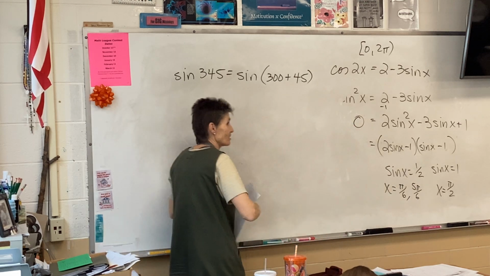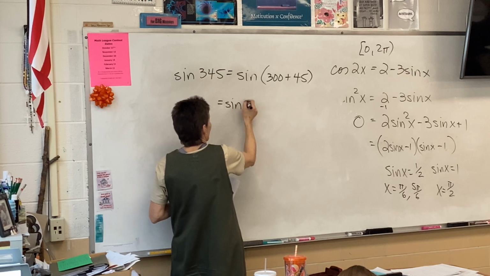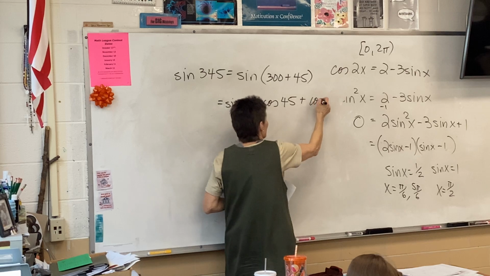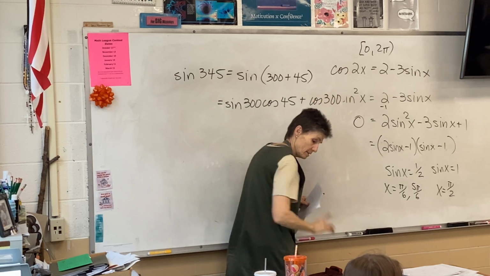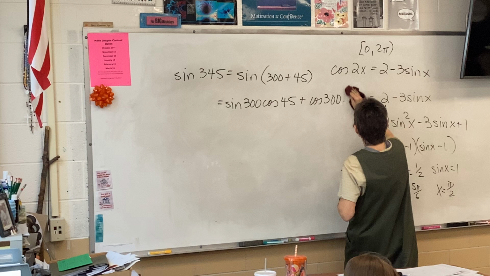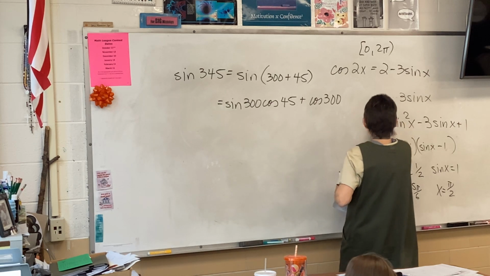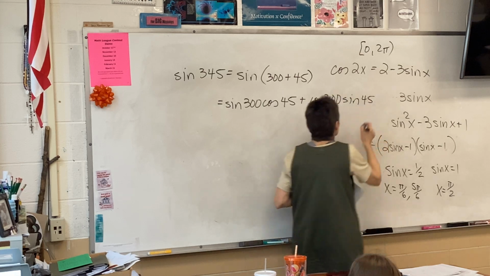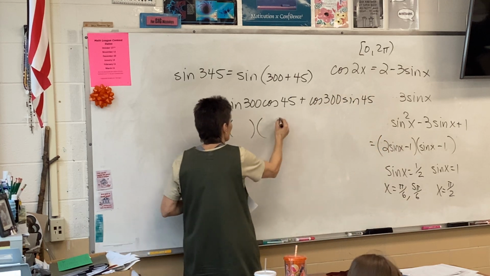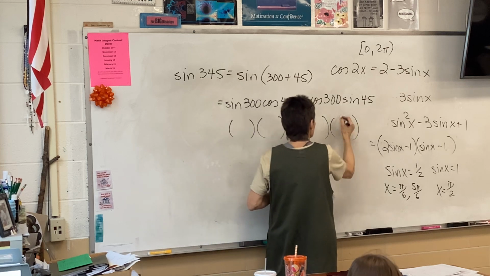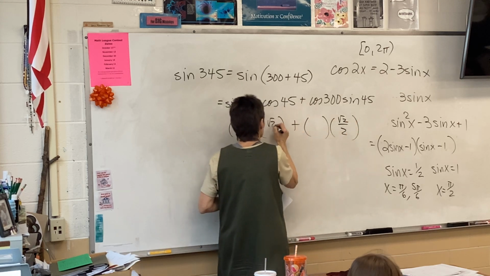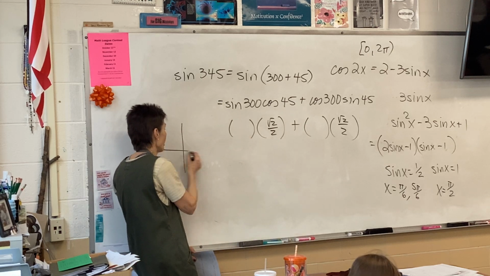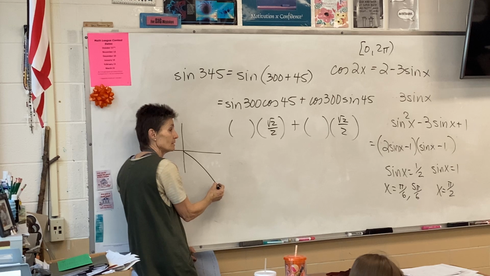Alright, what does our formula say? Sine 300 cosine 45 plus cosine 300 sine 45. Root 2 over 2. Yep, and now we're gonna plug in our numbers, but we already know the 45s are root 2 over 2. And then 300, I'm gonna go ahead and draw 300, it's down here.